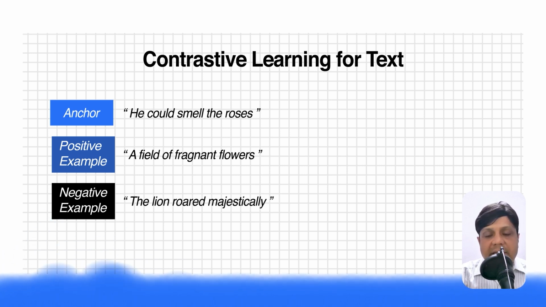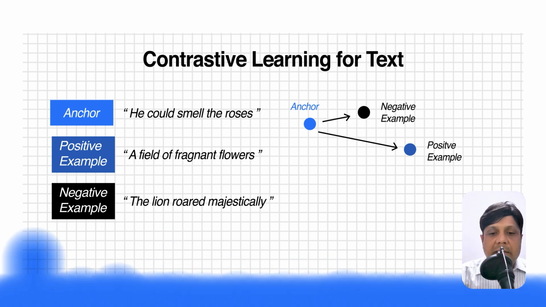The idea here is, for every anchor we provide a positive example, meaning a sentence which is similar in meaning to the anchor, and then a very different sentence acts as a negative example.